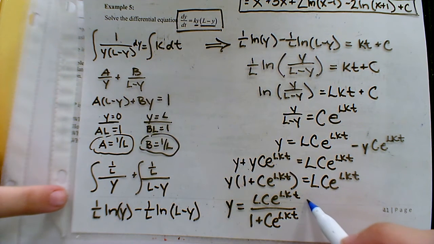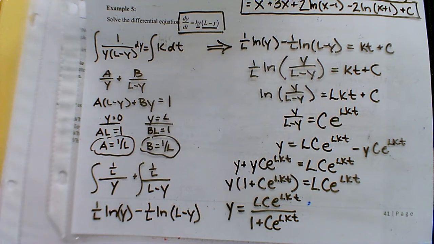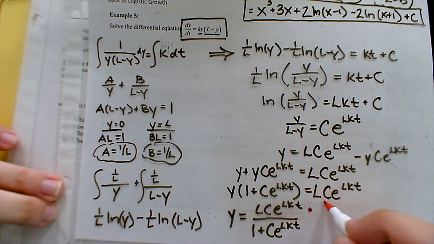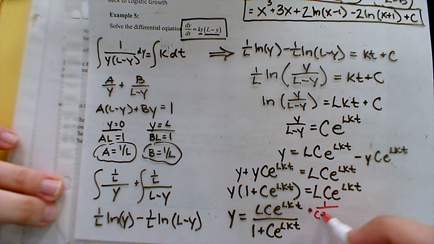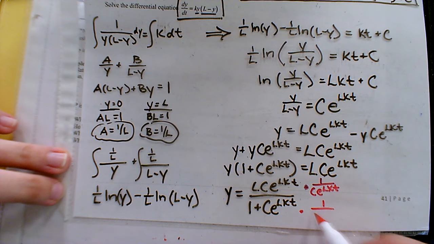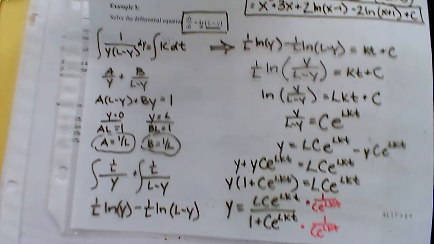Let's say I want to multiply the top by 1 over Ce to the LKT, and I do that to the bottom as well. That's mathematically possible, right? What you do to the top, you do to the bottom.